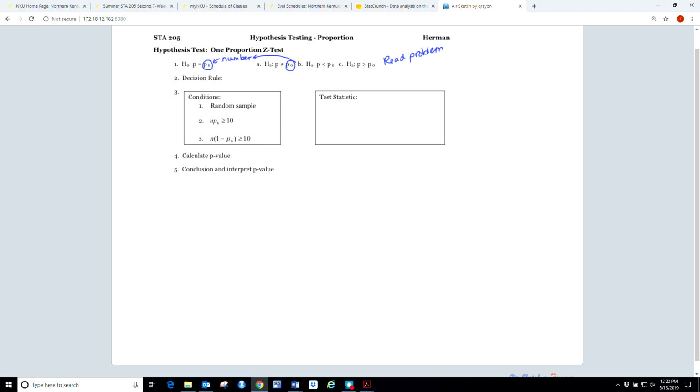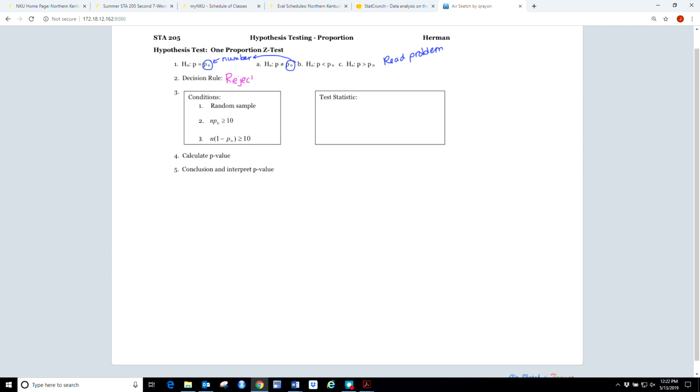Do I want to see that there's less than 50% heads? Do I want to see that there's more than 50% heads? Or do I think it's just different than 50% heads? So I'm going to have to read the problem to determine which sign I'm going to use in my alternative hypothesis. Step 2 is exactly what it was just above, but it's good practice for us to write this.